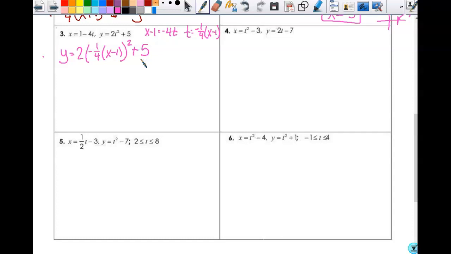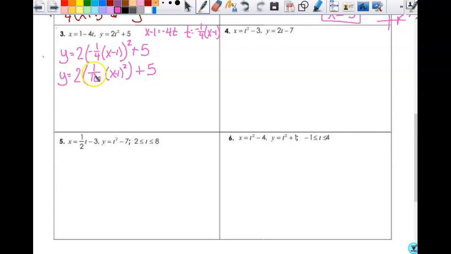So I'm really doing this one for more of an algebraic reason than I am for a parametric reason, because I know you know how to do this stuff, but maybe we just need to think about what we're doing here. So I get y equals, I got this 2. When I square all of this, this is going to give me a positive 1/16 times x minus 1 squared plus 5.